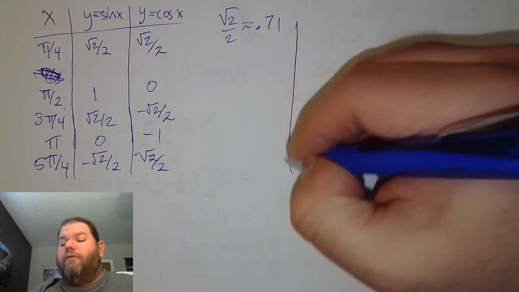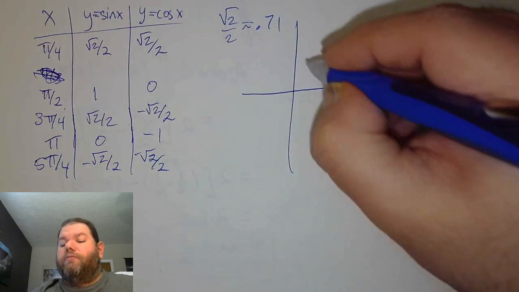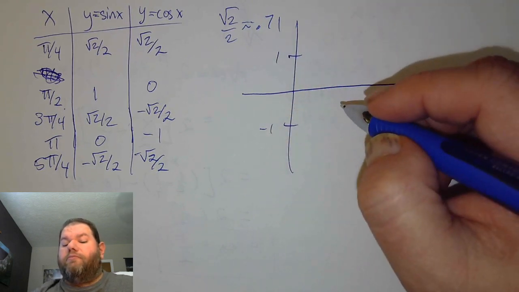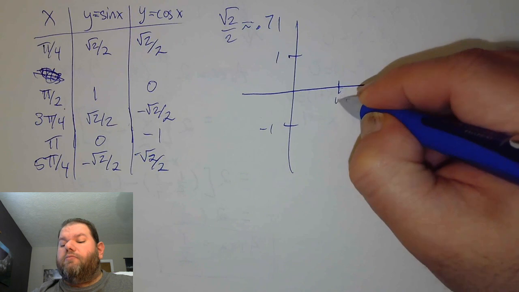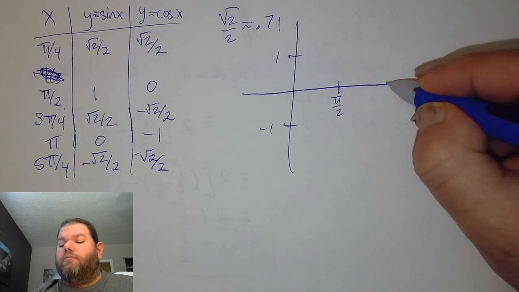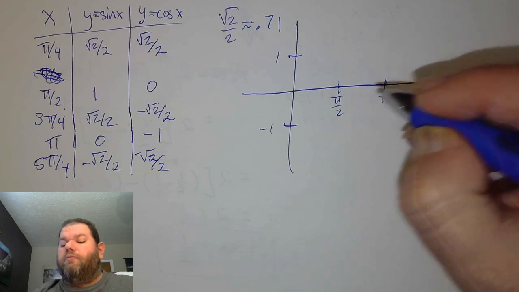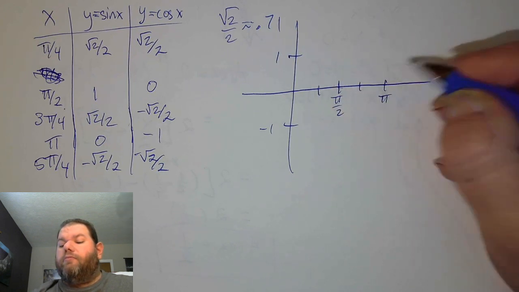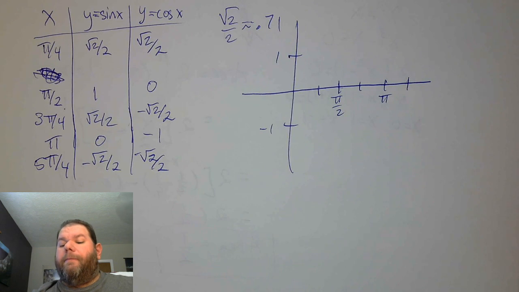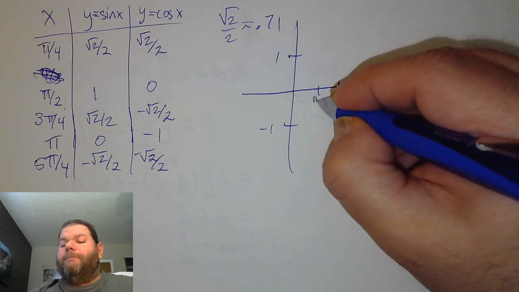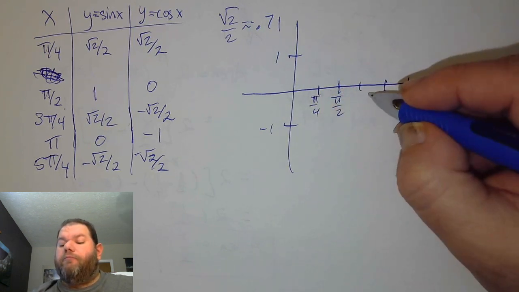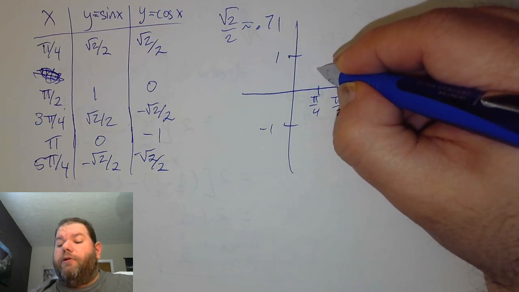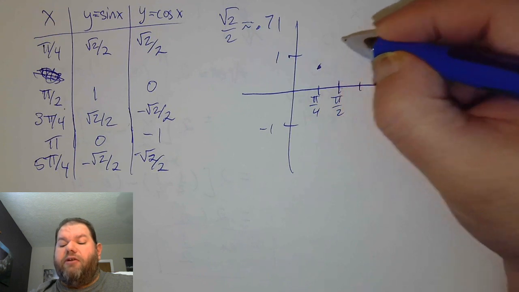So next, we want to sketch. So we start off at root 2 over 2, both of them start here, give or take.